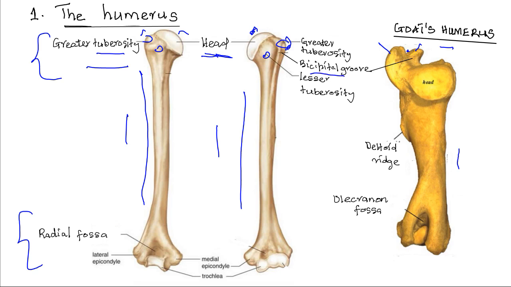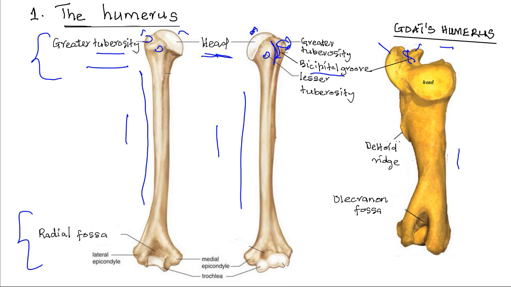You can see, this is a bicipital groove between the two tuberosities. It is through this groove that the tendons of biceps muscles pass as they attach to the coracoid process of the pectoral girdle.